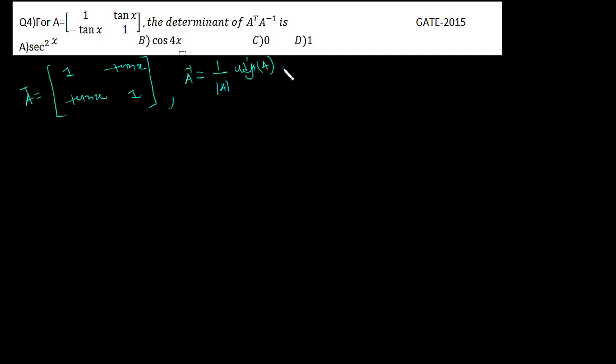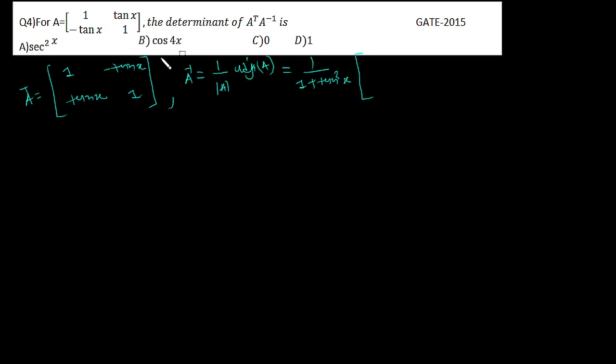Here the determinant of this matrix is simply, we multiply these elements and subtract the multiplication of the other elements. So the determinant is 1 plus tan square of x. Now we have to find the adjoint of A. In the case of 2 cross 2 it is easy.